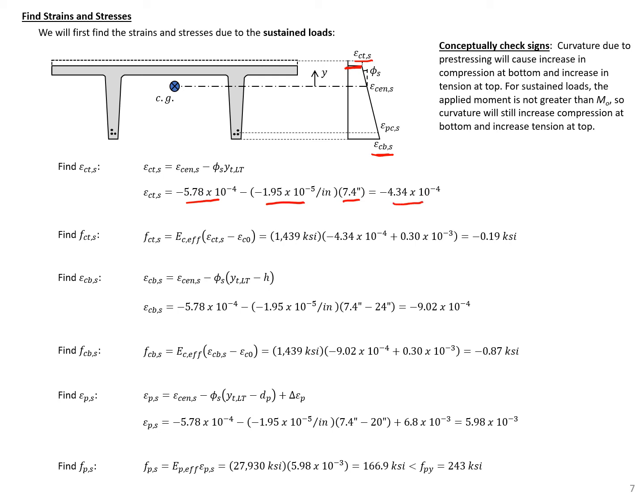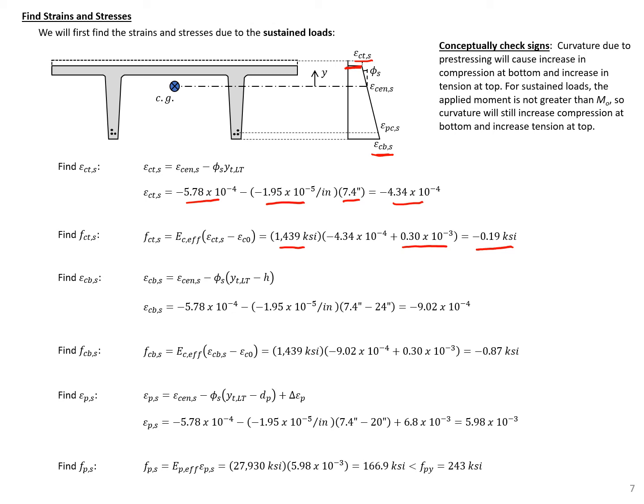And we'll find a strain here of a negative 4.34 times 10 to the negative fourth. We can take this strain minus our shrinkage strain, so minus a minus gives us a plus here, and then times our effective modulus for our concrete to get the stress at the top of our precast section due to all of our sustained loads.